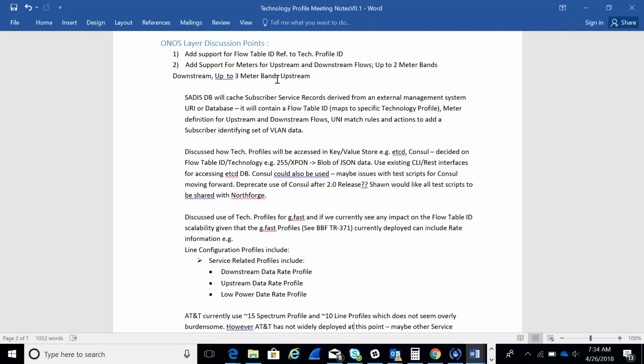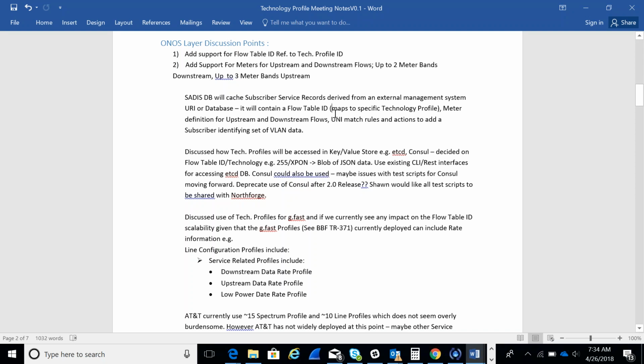On an existing subscriber record, it describes the tagging rules for that subscriber on the UNI interface, and what happens as the frame gets pushed through the OLT to the network. So we talked about adding the flow table ID reference to that subscriber information, and adding meter information for upstream and downstream flows.